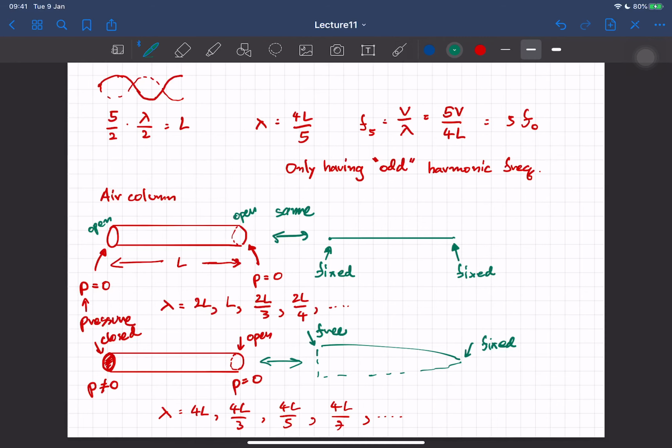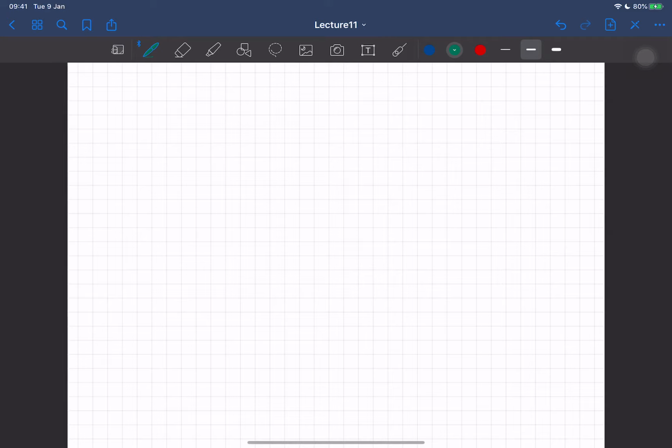And to demonstrate that, let's do a quick example calculation for the air column. So let's say we have an air column, and let's say it's 1 meter long, 1 meter long like this.